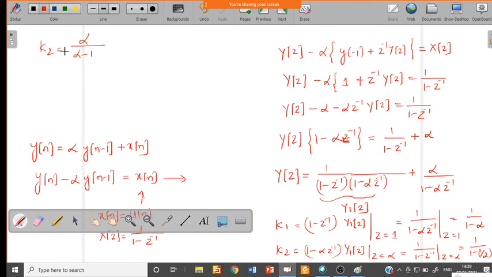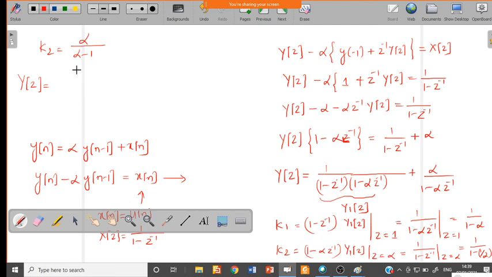So now you substitute the k1 value and k2 value in this equation, that is y of z, which is equal to, so what is k1?